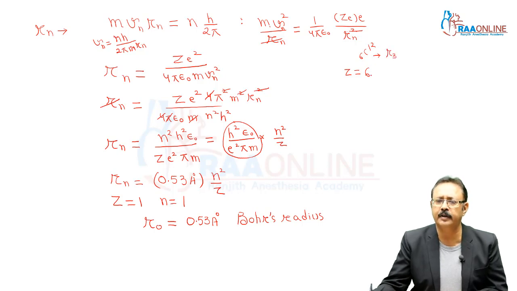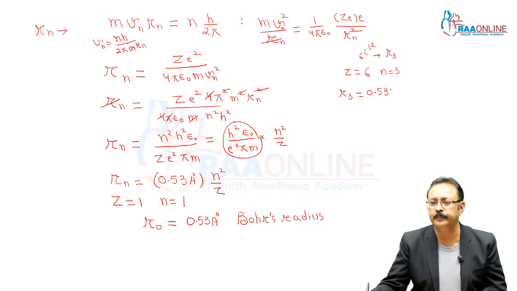R3, radius of third orbit, Z is 6 and n is 3. Now it's an easy calculation. What should its radius be? 0.53, taking unit angstrom, into n square, 3 square is 9.